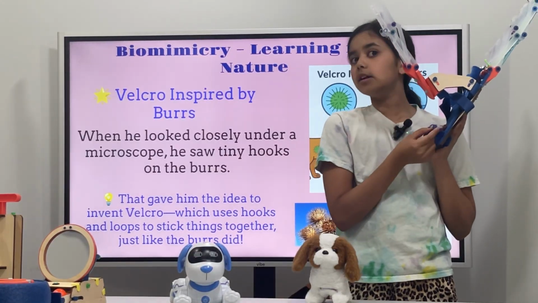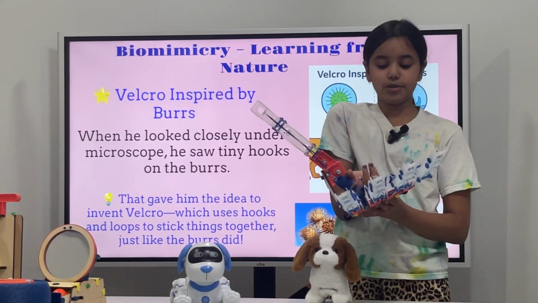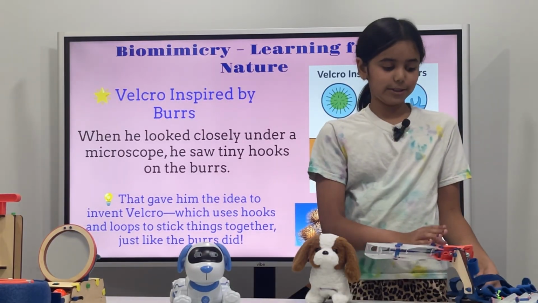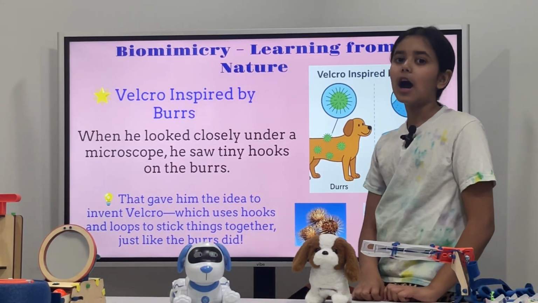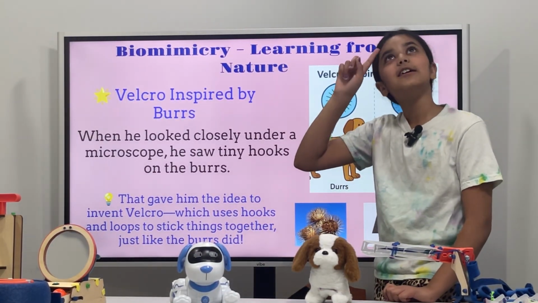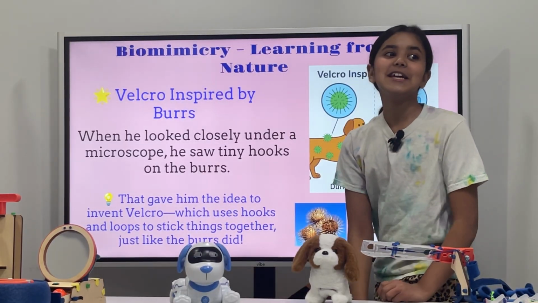Then I secure it on my wrist and my palm. Wow, that's so much fun to learn about. I would have made that up if I was a scientist back in the day, before Velcro was invented.